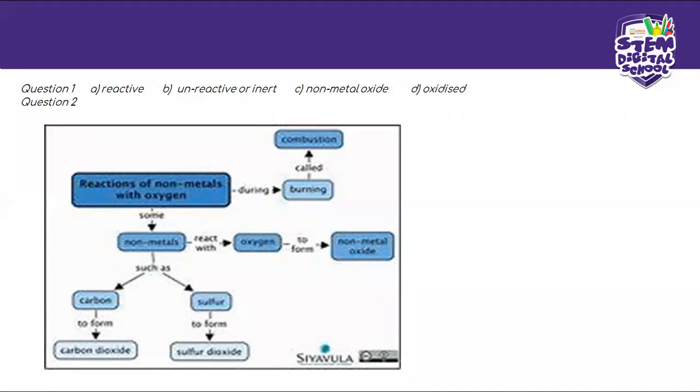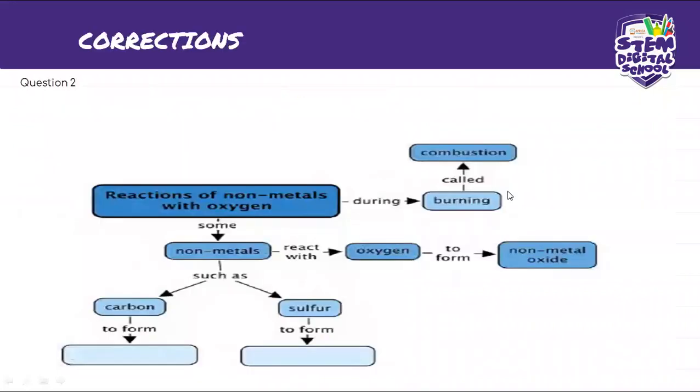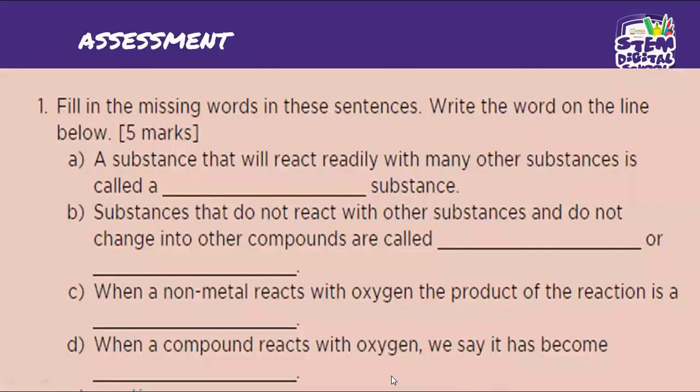So what it means is that, remember, D is talking about, let me quickly go back to it again so that I can explain. I understand that's the challenging question for you. When a compound reacts with oxygen, we say it has become oxidized.